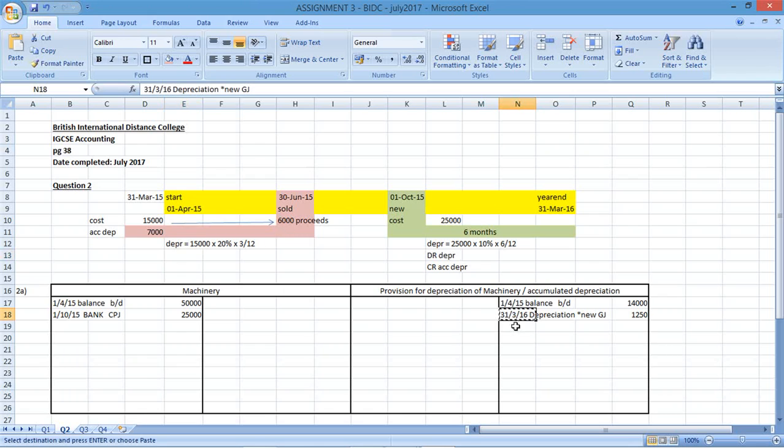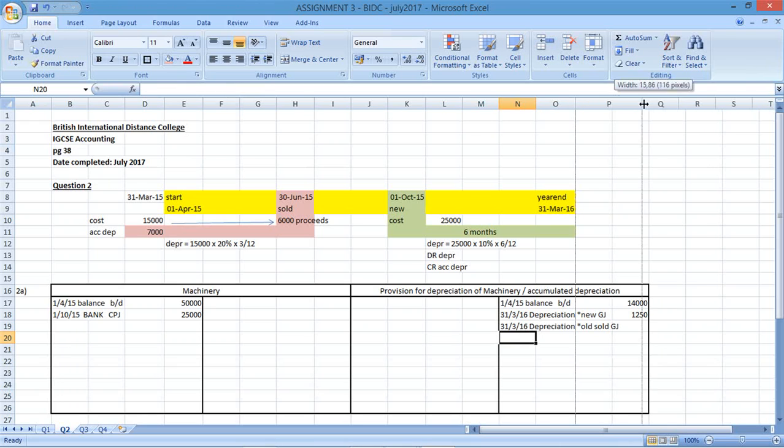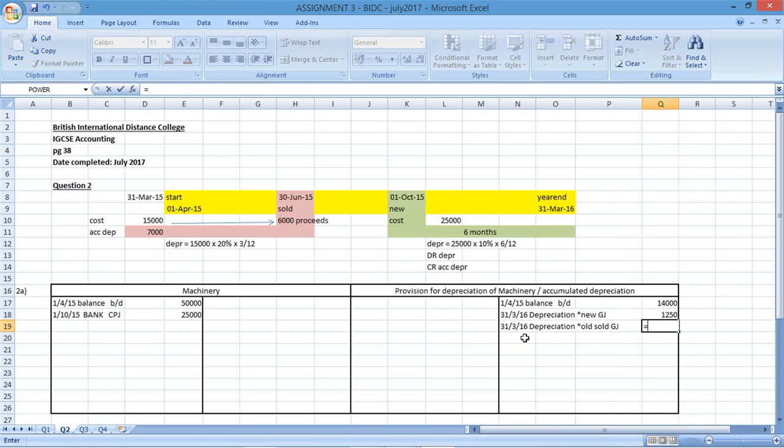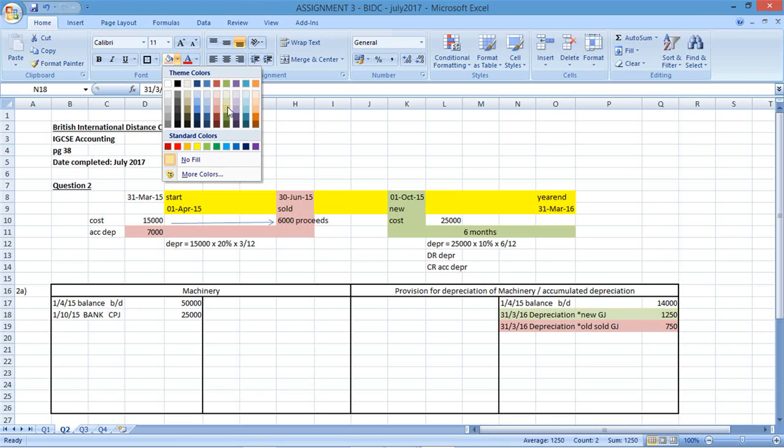So again, I need to record that. Depreciation on the old asset sold is going to be recorded here at an amount of 15,000 times 20% times 3/12. That gives me 750. That's the depreciation for that period in time. Maybe I should color code this so you guys know what each of these amounts are, but as long as you're following, you should be okay with understanding what is happening here.